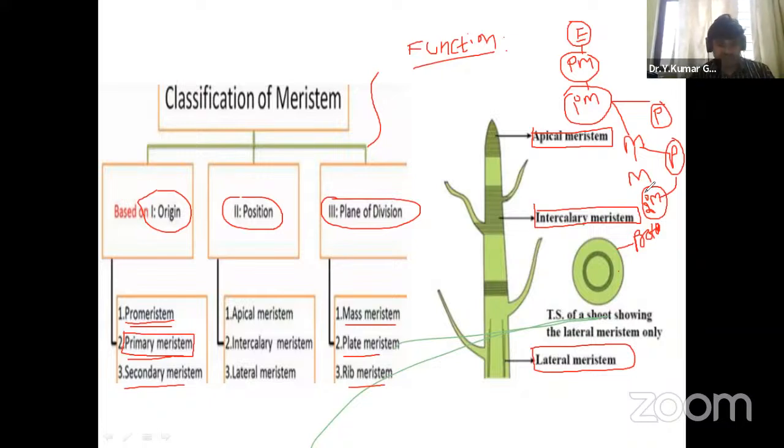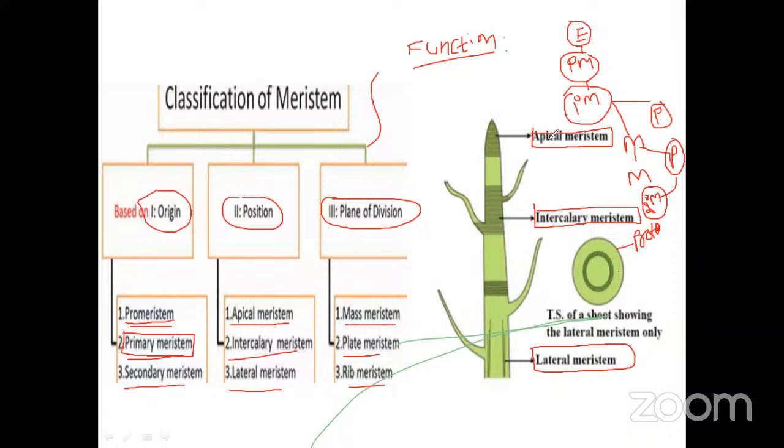Now based on position, we have clearly seen in the diagram: apical meristem, intercalary, and lateral meristem. First of all, where is the apical meristem?